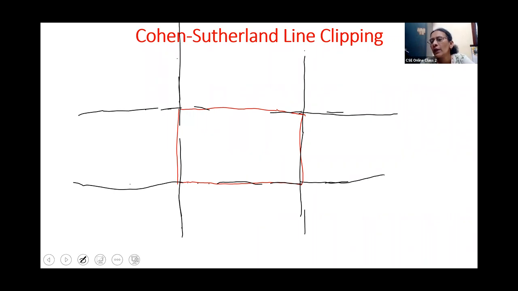What do we achieve? We divide the entire space into 9 regions. The region bounded by the clipping window is inside, and that is the part which will be visible. The remaining 8 regions are outside and not visible, and whatever object falls on those 8 regions is to be clipped.